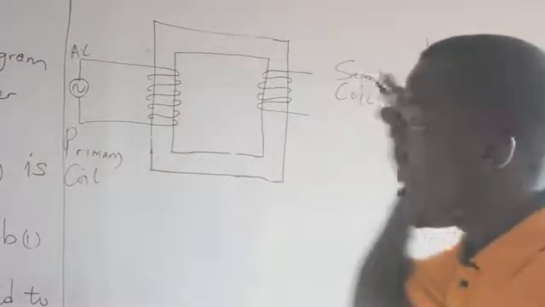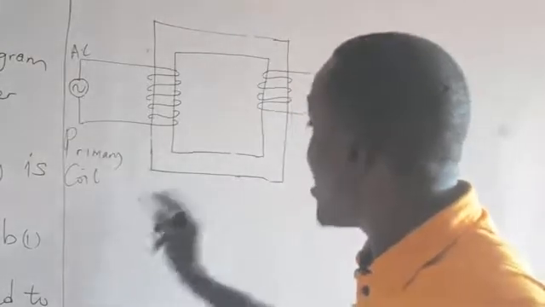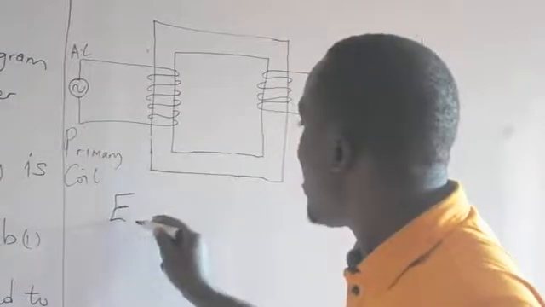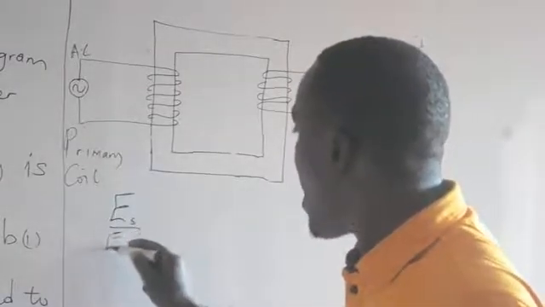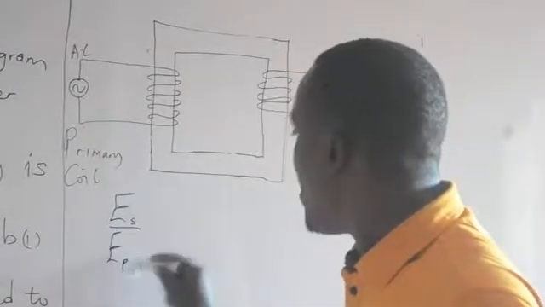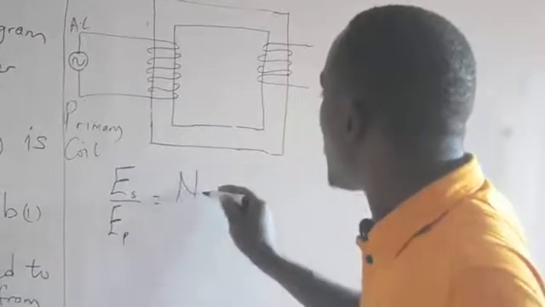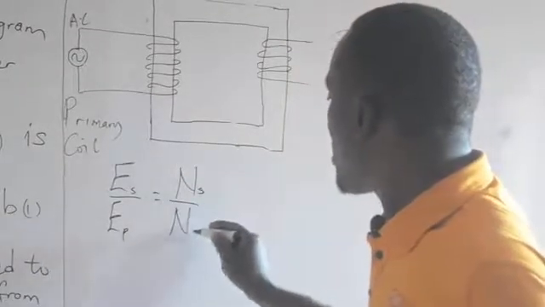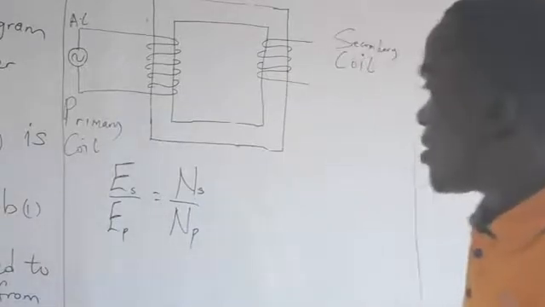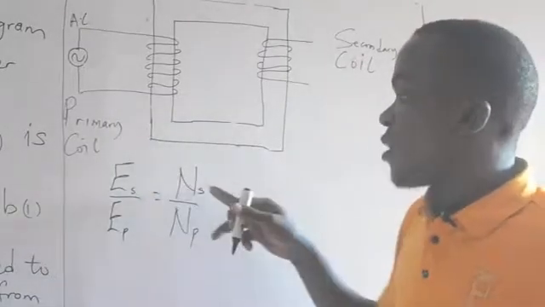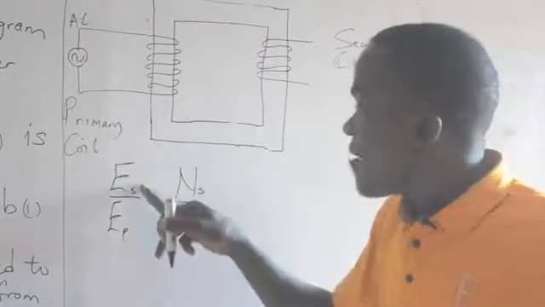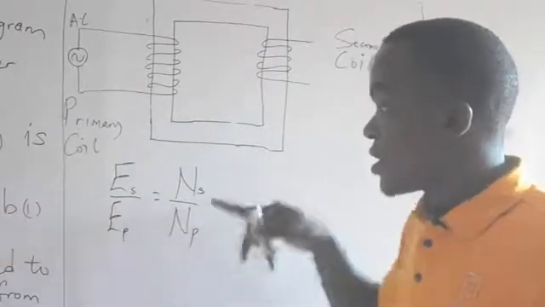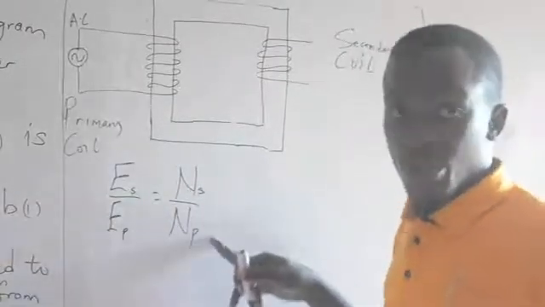If possible, you can recall the formula: the EMF in the secondary over the EMF in the primary is equal to the number of turns in the secondary over the number of turns in the primary.